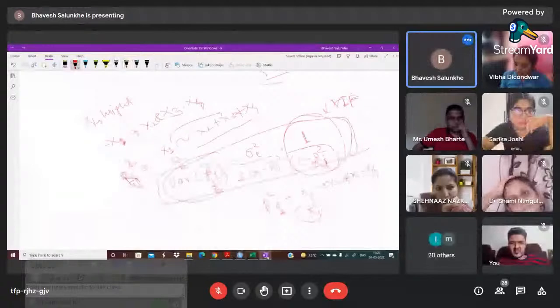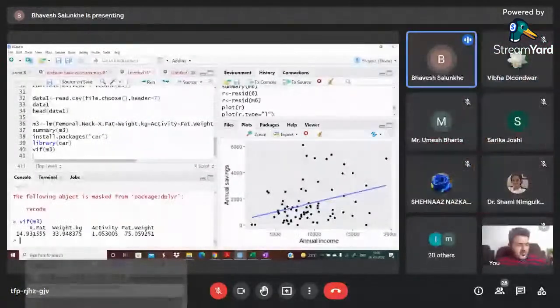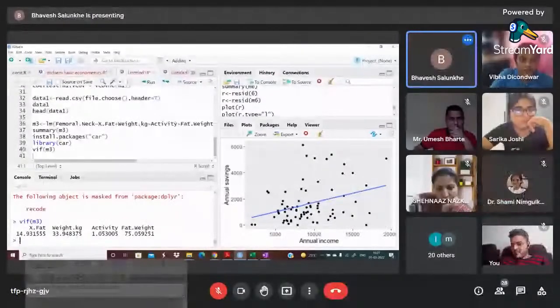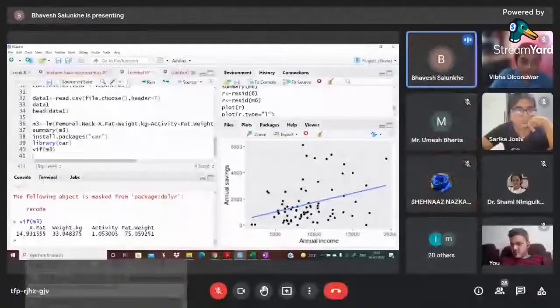They are giving you by what magnitude the variance is inflated due to multicollinearity among the independent variables. So the variance of weight is actually inflated by 3.94. The coefficient of x fat is actually inflated by 14.93.